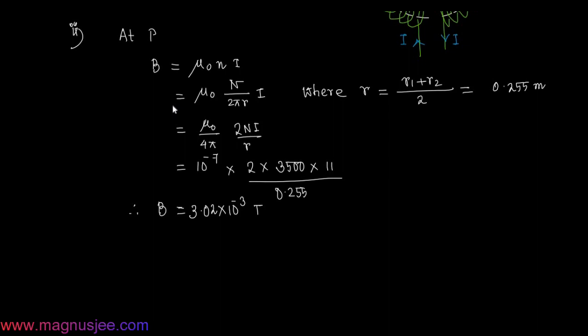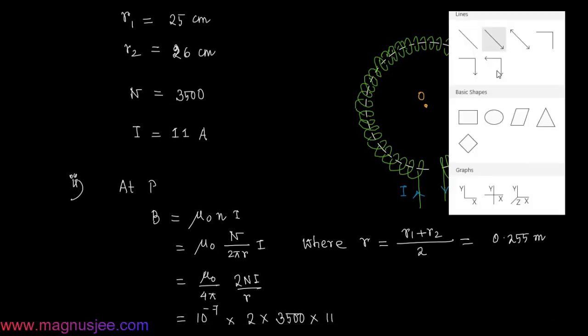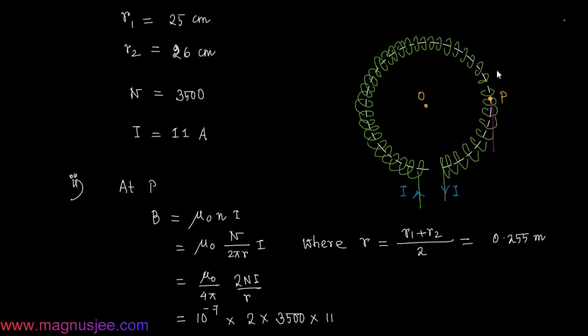That is the magnetic flux density at the point P on the circular axis of the toroid, B, which is equal to 3.02 into 10 to the power minus 2 Tesla. Now in the diagram, P is a point on the circular axis of the toroid, and at P the magnetic flux density or magnetic field induction B acts tangentially.